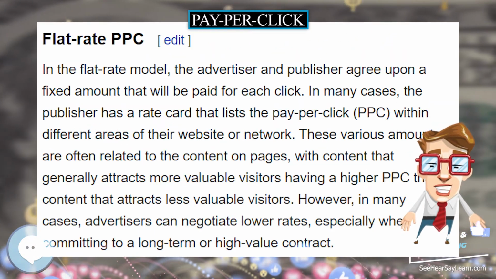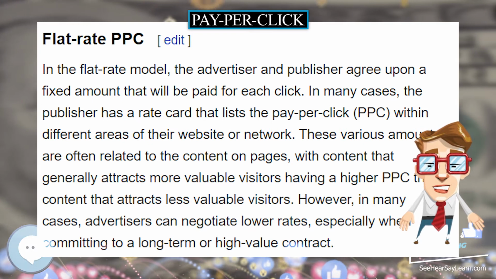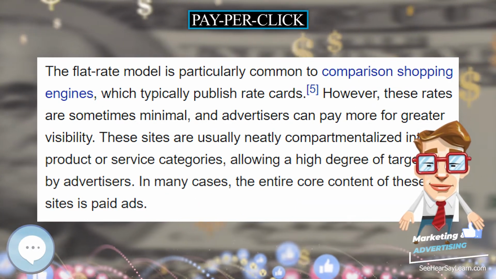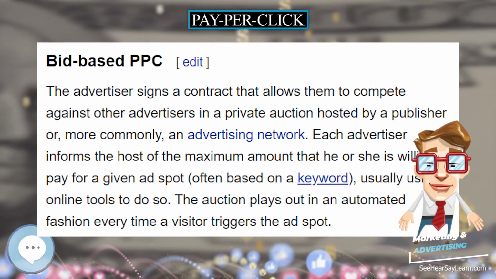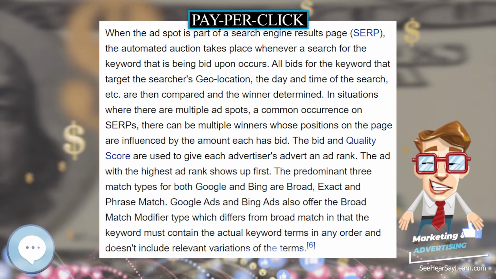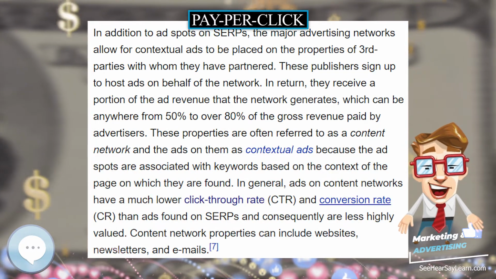The ad with the highest ad rank shows up first. The predominant three match types for both Google and Bing are broad, exact, and phrase match. Google Ads and Bing Ads also offer the broad match modifier type, which differs from broad match in that the keyword must contain the actual keyword terms in any order and doesn't include relevant variations of the terms.